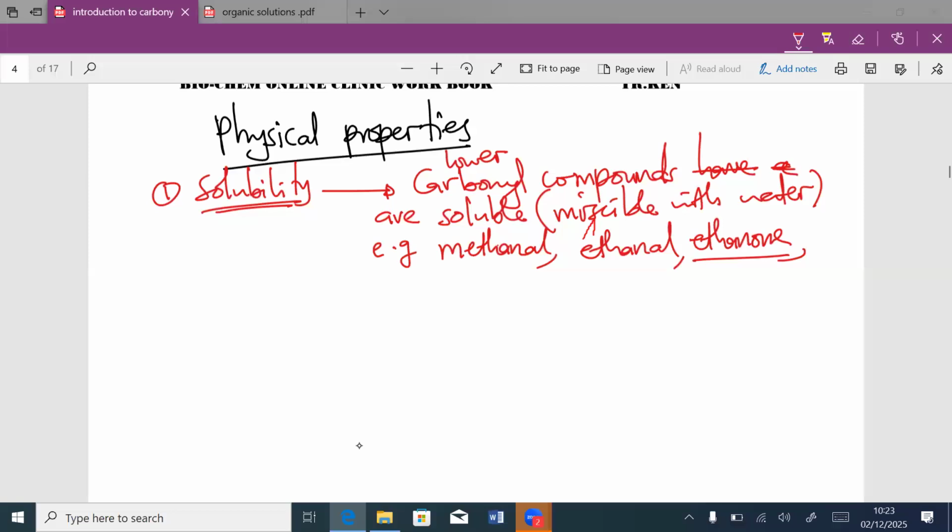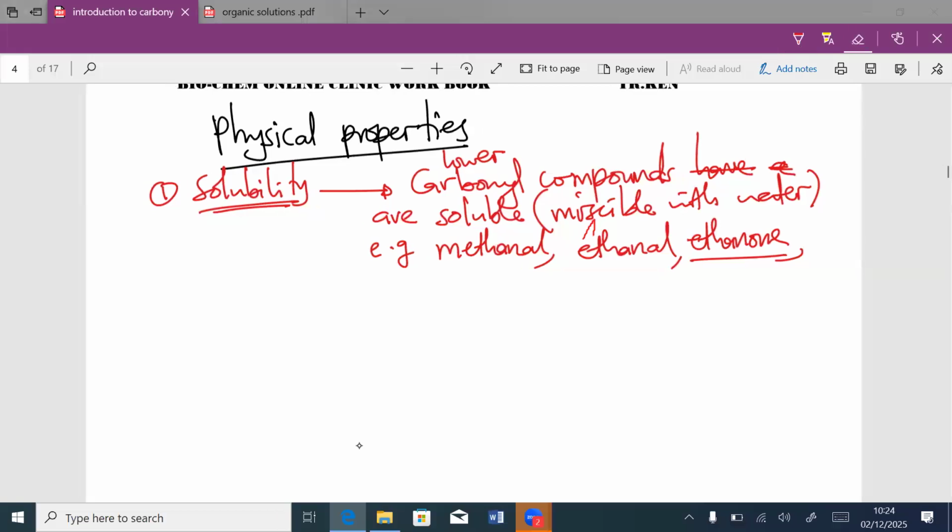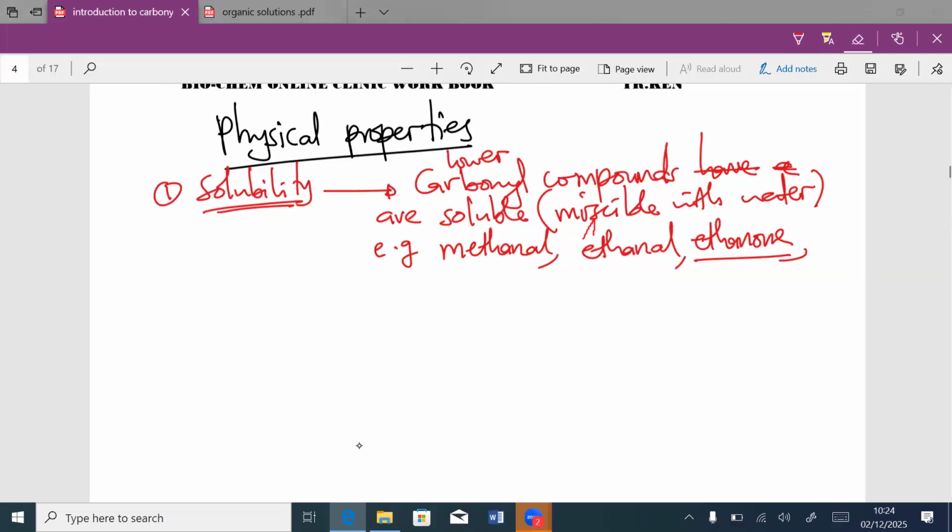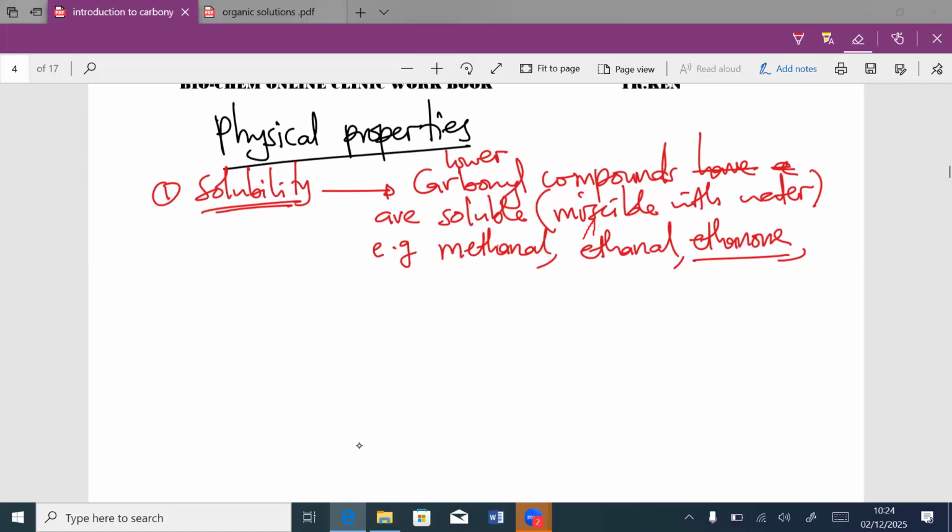We have propanol. Now, all these lower carbonyl compounds are actually soluble in water.